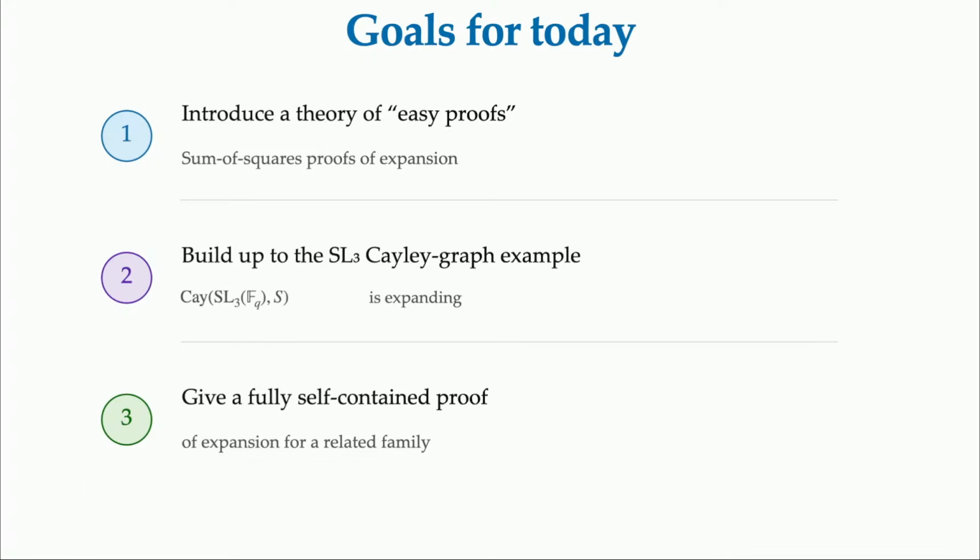But unfortunately, the overview I'm going to show you is going to result in a computer-assisted proof. So in the last part of my talk, I wanted to also give you a fully self-contained proof for expansion of a related family. So not quite the one in part 2.